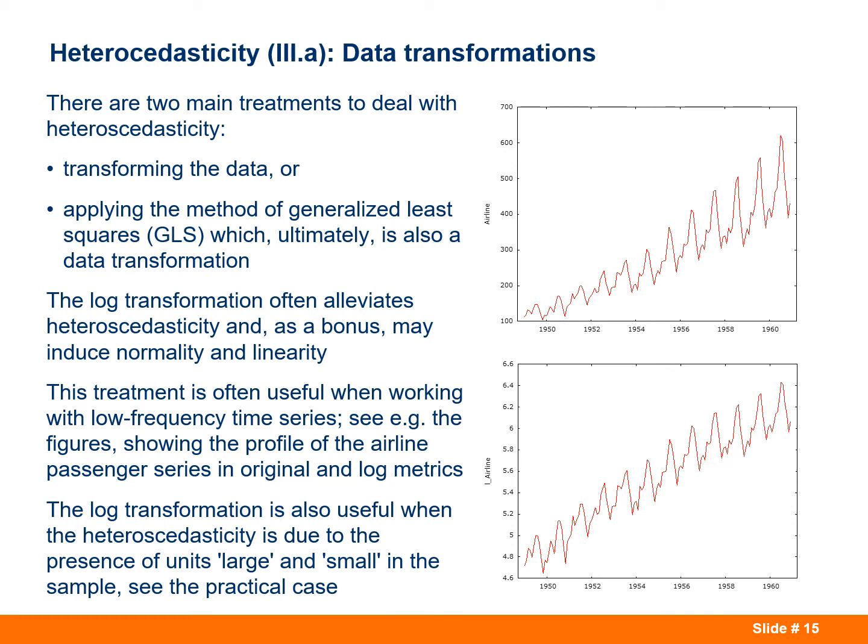The log transformation is also useful in statistics because it induces linearity in the model and normality in the data. Finally, it is also useful to solve the heteroskedasticity of dwarfs and giants, that is, the one which is due to the presence of units which are large and small in the sample. In the practical case, we will show how this happens.